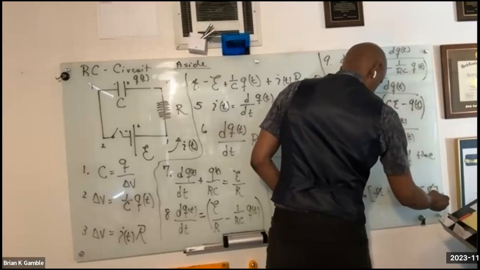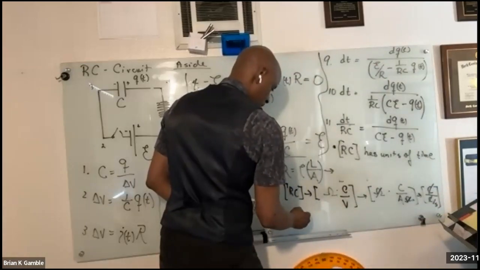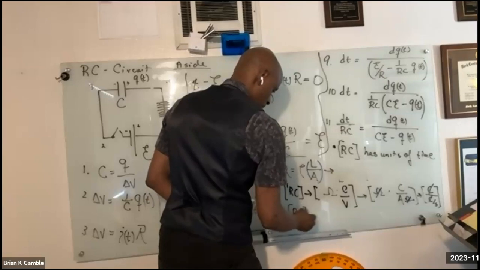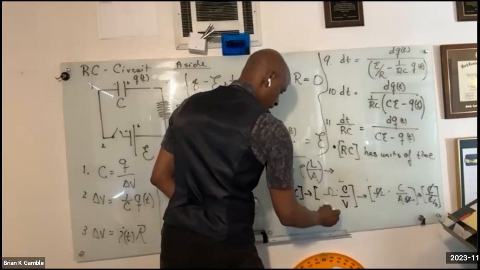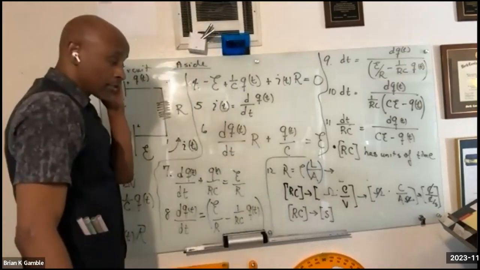The coulombs cancel, you have 1 over 1/seconds, and RC has units of seconds. So RC is a time.